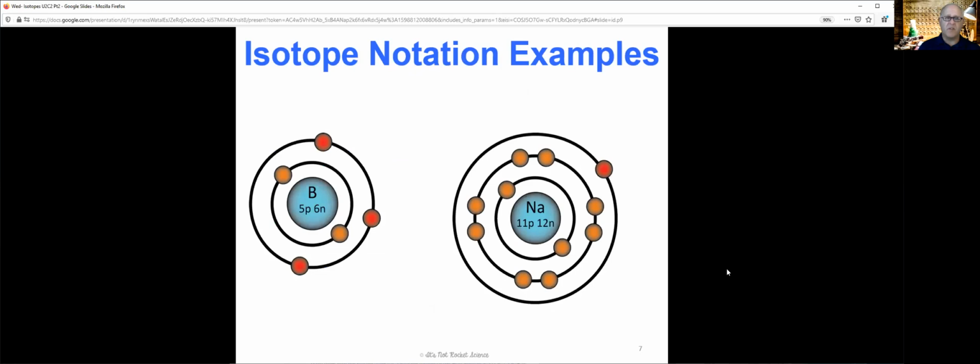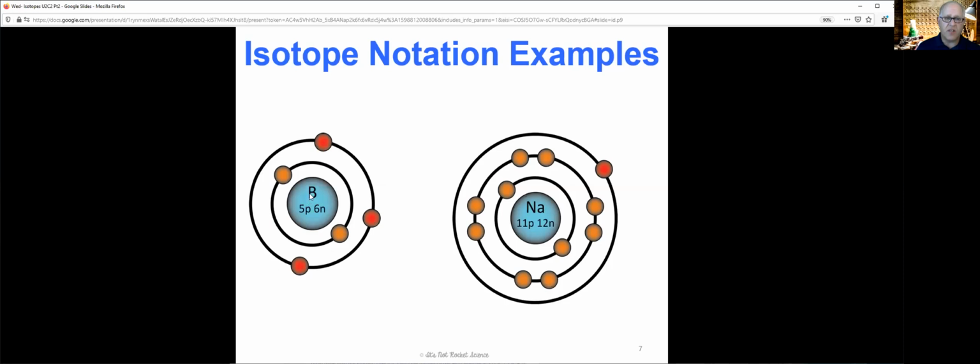Let's take a look at a couple of isotope notation examples. What I'd like you to do in your spiral notebook is to lay out these two different elements. The first one on the left is boron, and I want you to draw the nucleus and the first ring and the second ring.